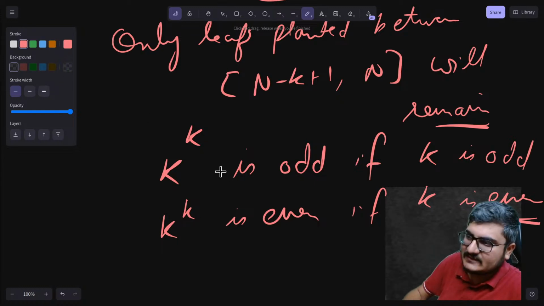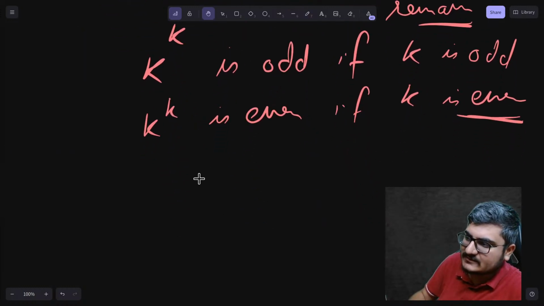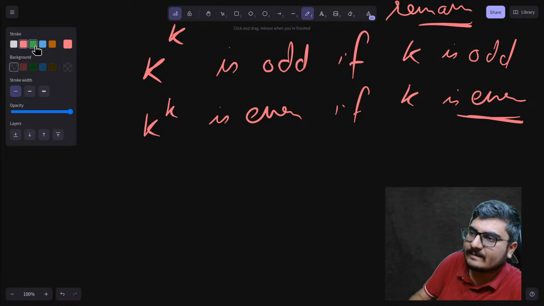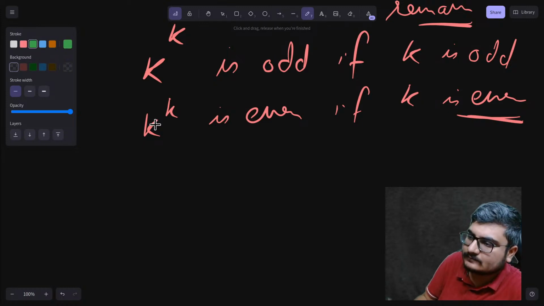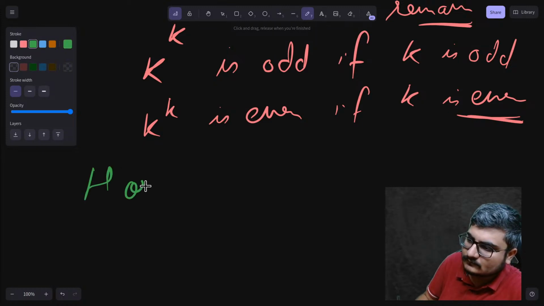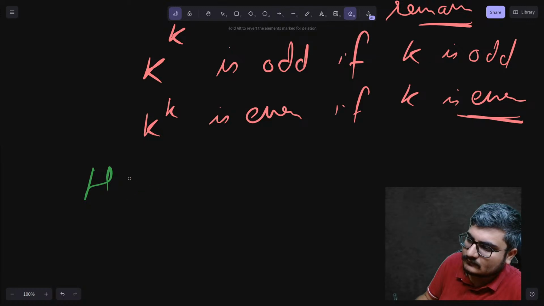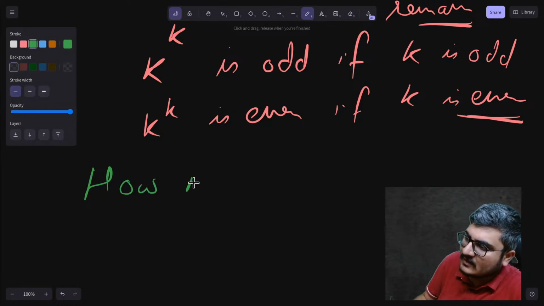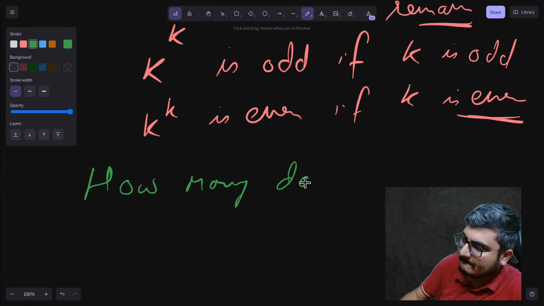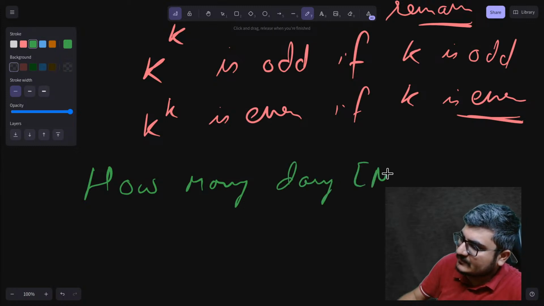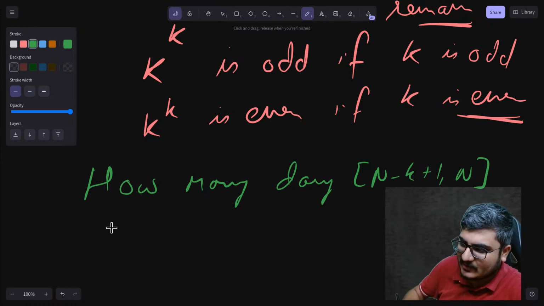And what we really need is how many days between n minus k plus 1 and n we planted an odd number of leaves.